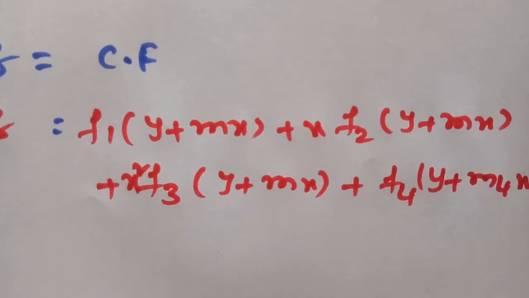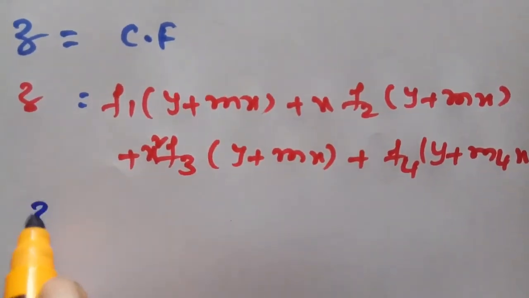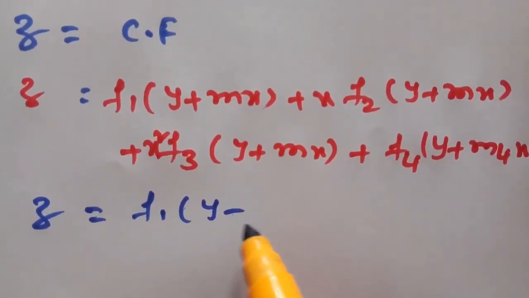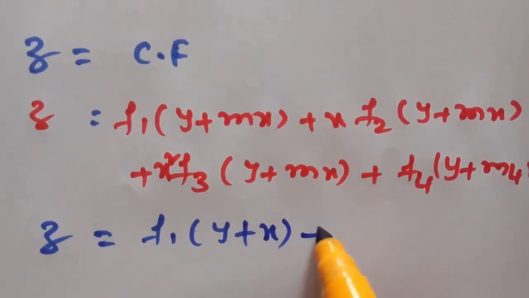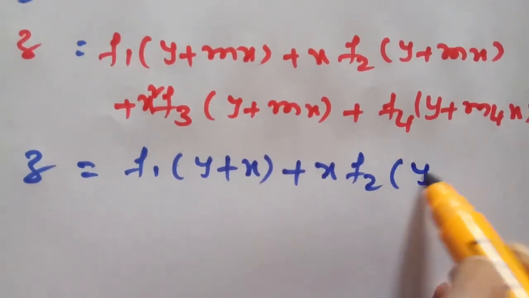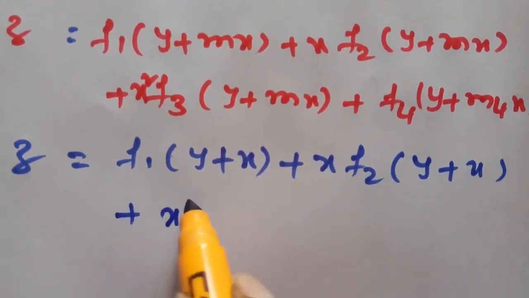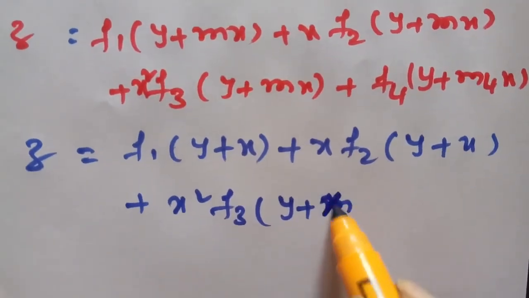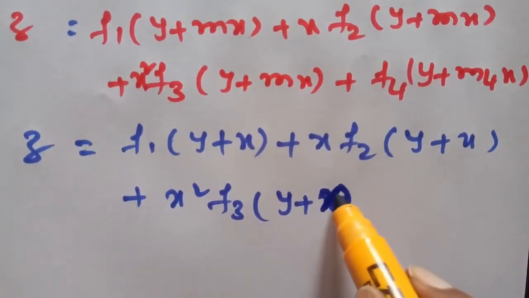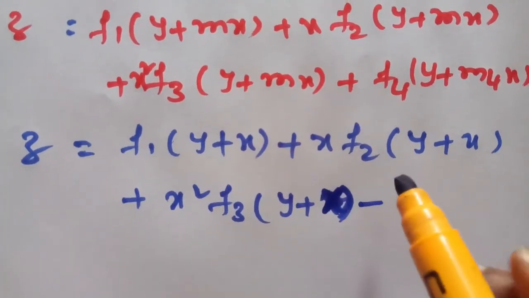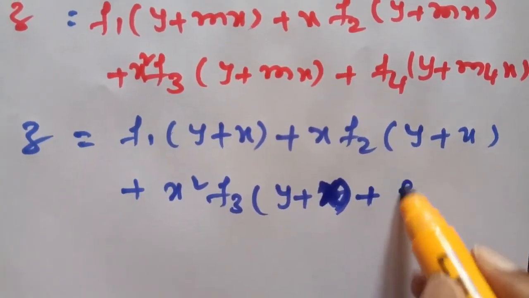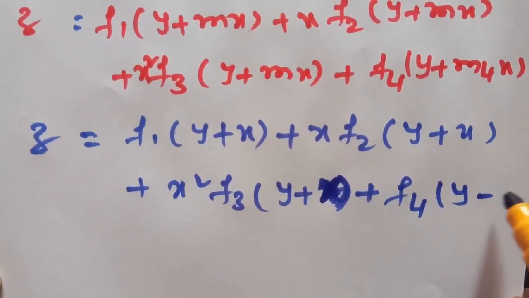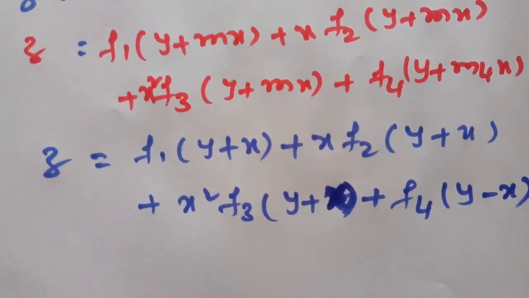Therefore, we can substitute the values in the standard form. z is equal to f1 of y plus 1x plus x into f2 of y plus x plus x square into f3 of y plus x plus f4 of y minus x.